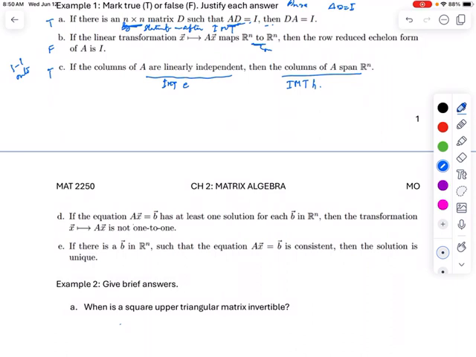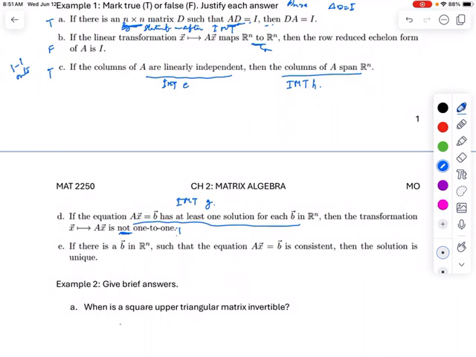So this is in the IMT, this is the G statement. And then it's saying the transformation which maps x to Ax is not one-to-one. So we are going to compare it to the F statement.